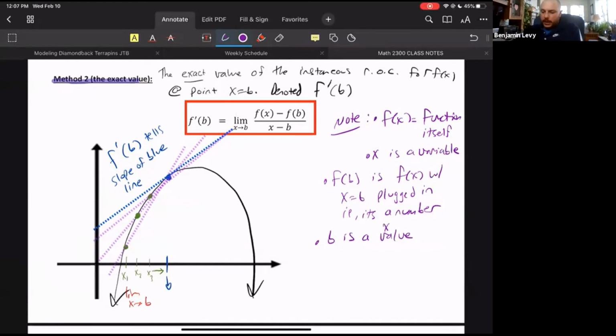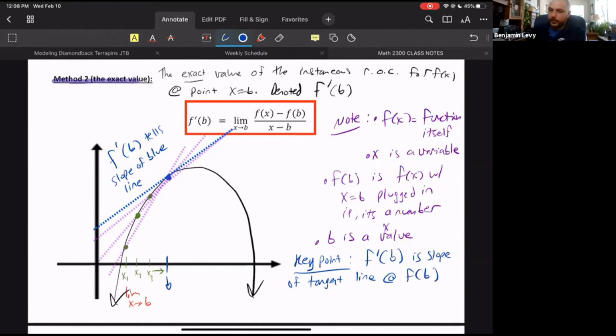And that's the key point that is said throughout, but really can't emphasize it enough: when you take the derivative of a function and you plug a point in, it'll tell us the slope of the tangent line at f of b.